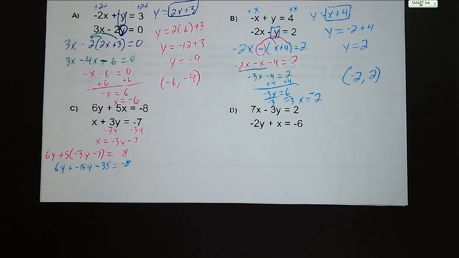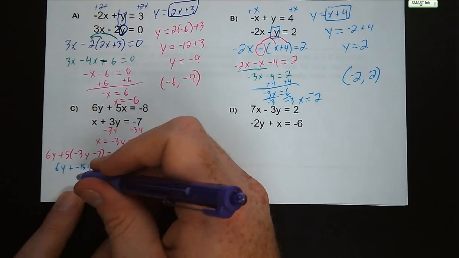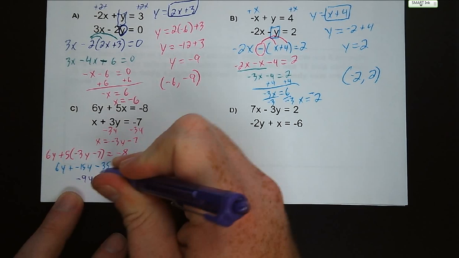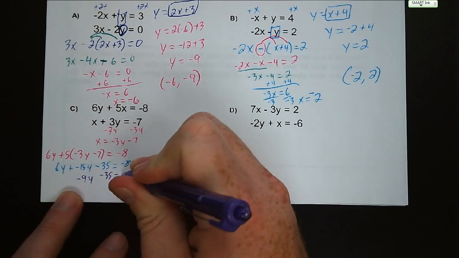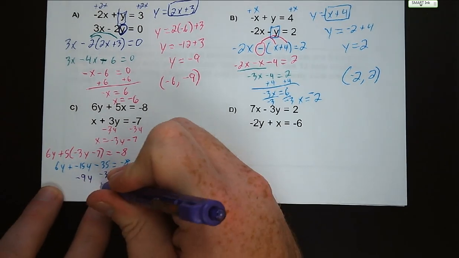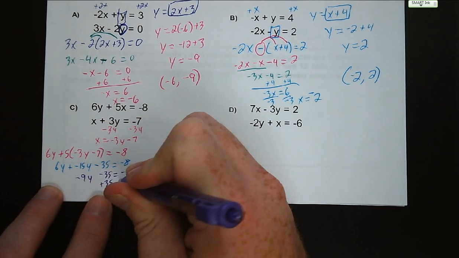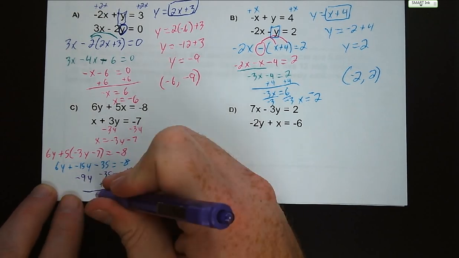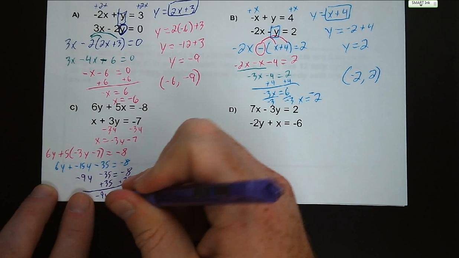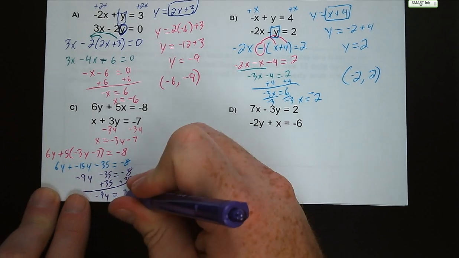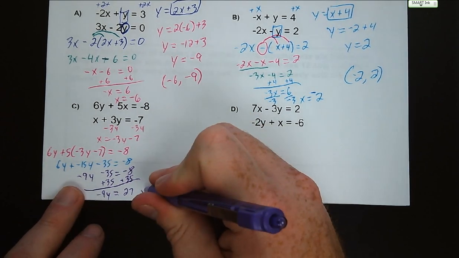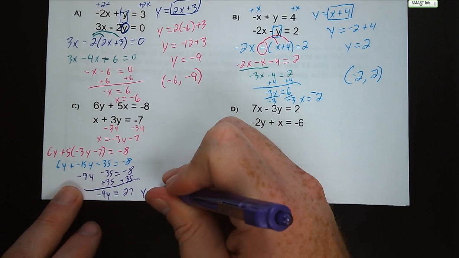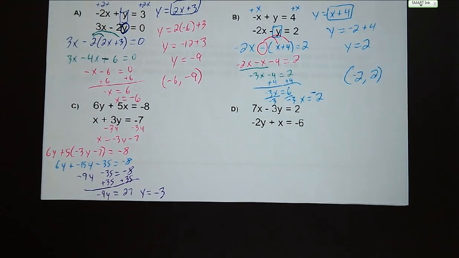Combine like terms. We have negative 9y minus 35 equals negative 8. Add 35. So we have negative 9y equals 27. So y is equal to negative 3 when we divide both sides by negative 9.